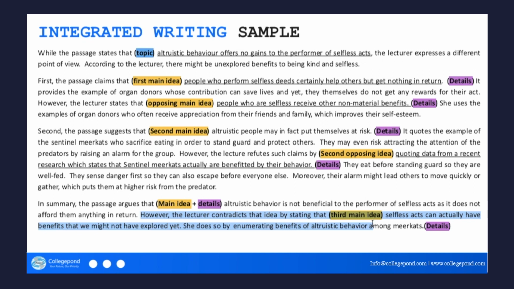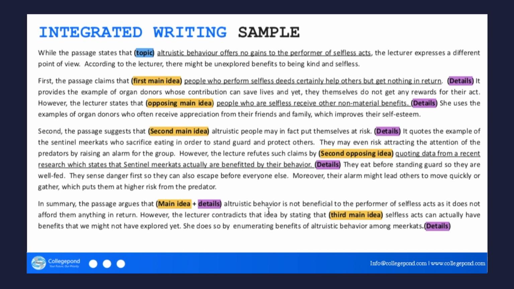Now this is the third main idea. The lecturer had so far not spoken about this, but based on point number 1 and 2, she finally arrives at her main conclusion that, after all, selfless acts are probably good and we still don't know the benefits of that, so we are not exploring them. That was her main idea.